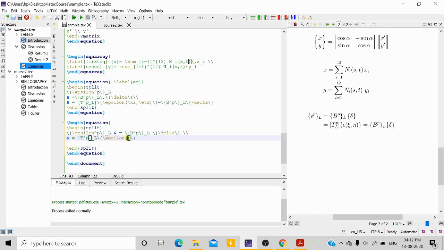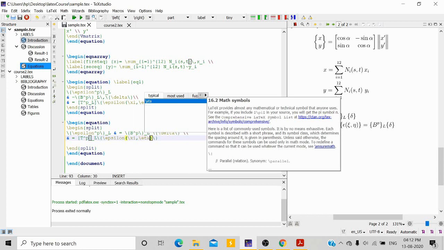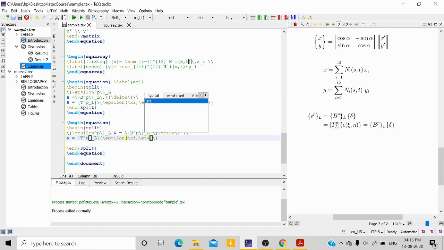This is bracket, then xi eta. So I'll put backslash xi, comma, backslash eta. So everything is there in commands, all symbols. Okay, fine. This is equal to again this same thing.